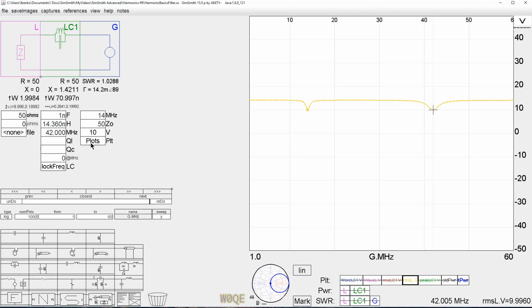So if the generator is being swept, the harmonics are being swept too. So at a place like 20 megahertz, we'd have a 20 megahertz fundamental, a 60 megahertz third harmonic. So it tracks everywhere.